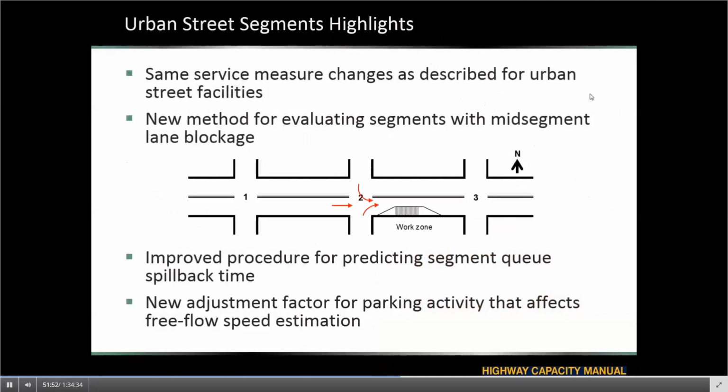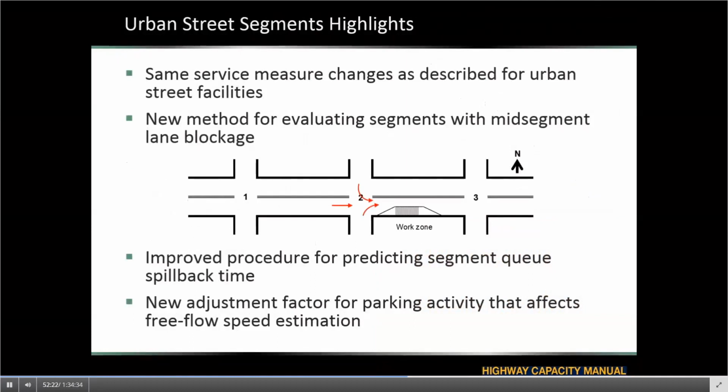Looking at the urban street segments, so this is the shorter piece of the urban street facility or arterial street from one intersection to the next. The service measure changes here have been changed consistent with the urban street facilities. There is a new methodology for evaluating segments with mid-segment blockage. So that resulted out of the work zone research and NCHRP 3-107, where you could either have an intersection or a mid-segment work zone, and the effects of that have been integrated.